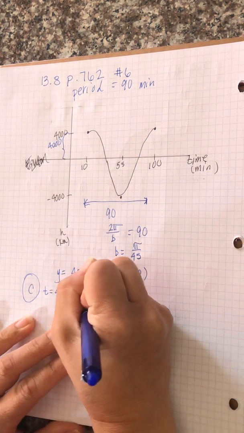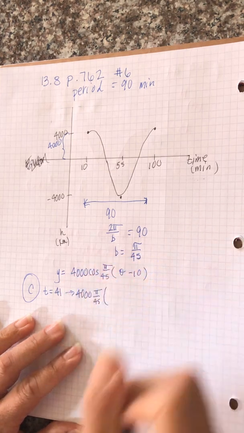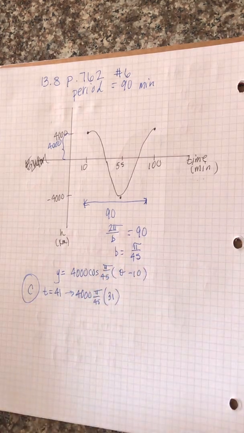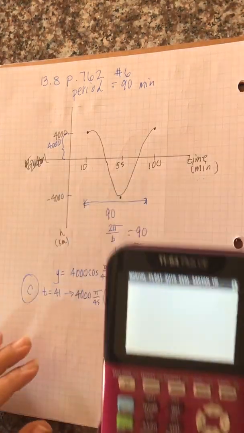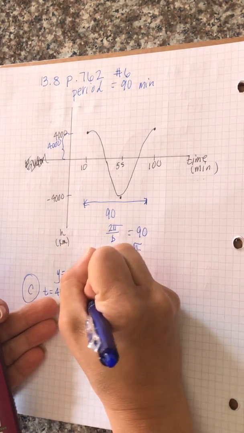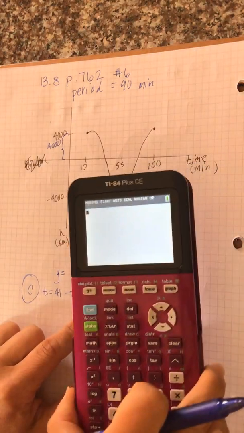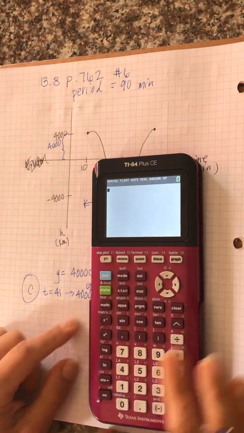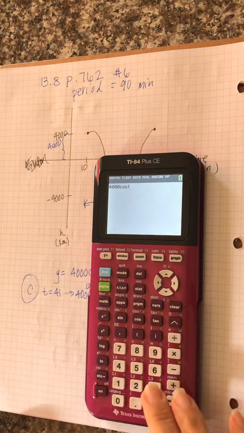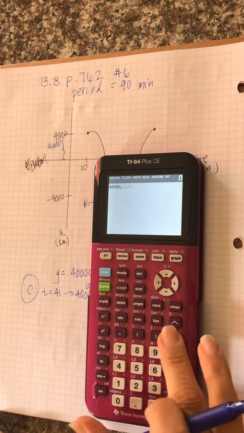So this is 4,000, pi over 45, 41 minus 10 is 31. So how about the cosine? I forgot a little piece of information there. Leave out the function, no one will notice. 4,000 cosine of pi divided by 45.